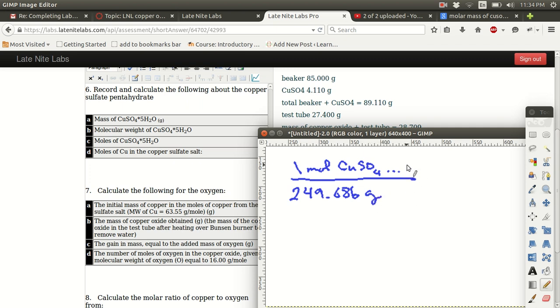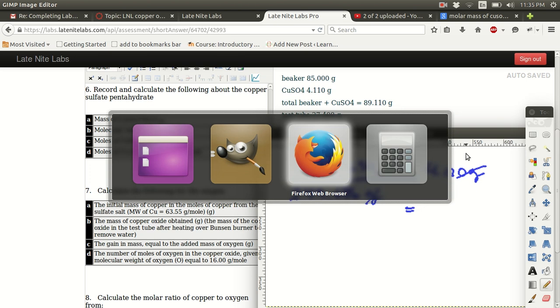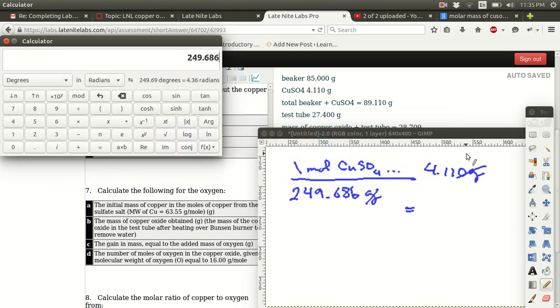We just calculated that, and we used 4.110 grams of it, didn't we? Right there. So that means what we had in moles was 4.11 divided by 249.686, 0.01646.